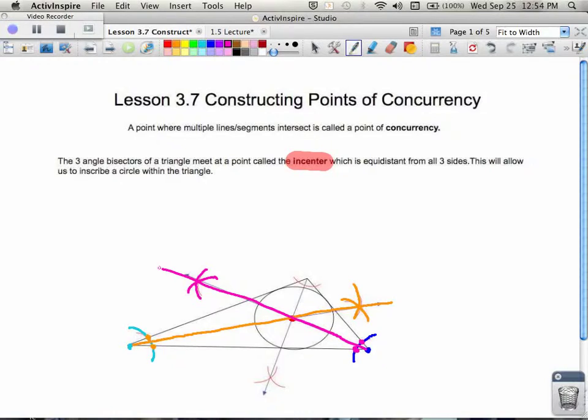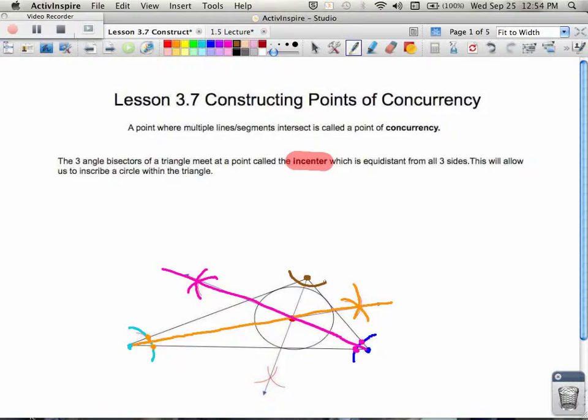So the third time, I place my compass point on the vertex of the top, stretch out my compass a little bit, and then make an arc in space. You'll notice it intersects the triangle in two spots.